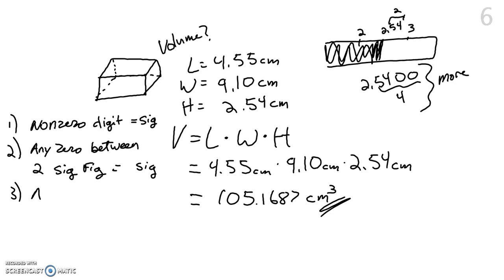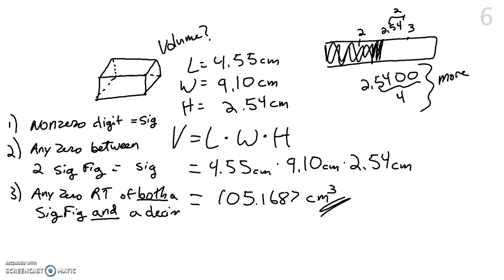Number 3, a 0 to the right of both a significant figure and the decimal is significant. That's confusing.